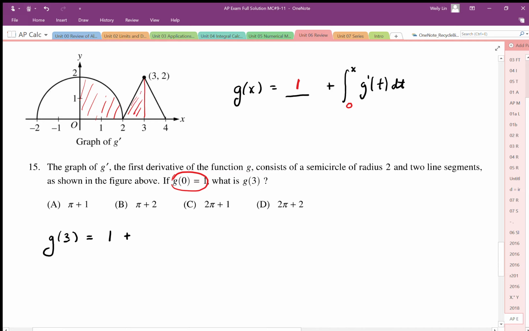Maybe I'll do this in a slightly different color so that we can differentiate the different parts of this problem. So the area under the curve here is going to help me define the displacement from 1. And that's going to be from 0 to 3 under the g prime function.